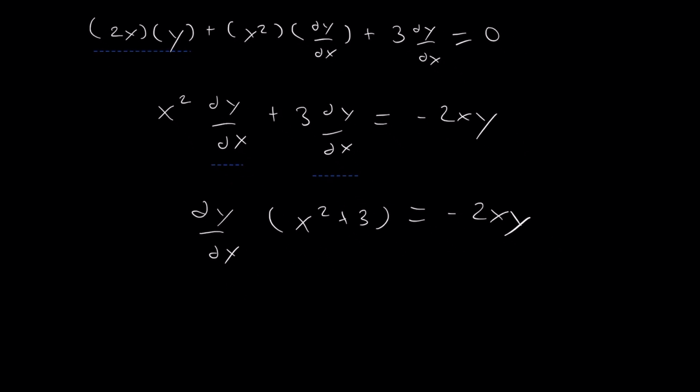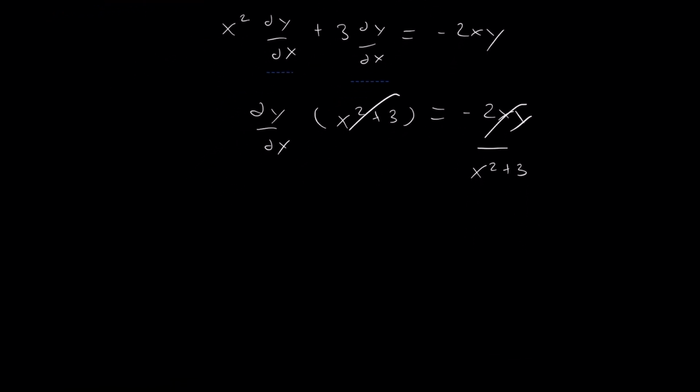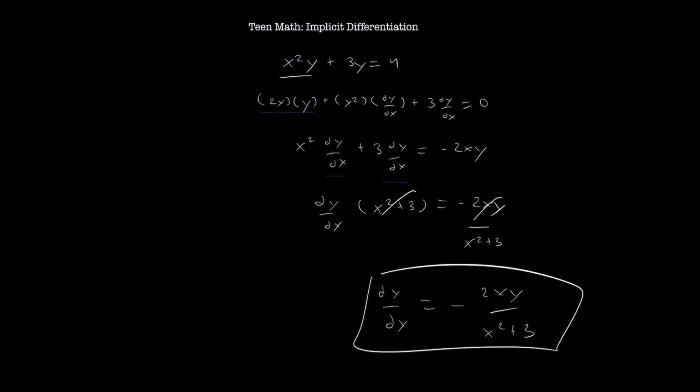The next step is pretty self-explanatory. We just divide both sides by x squared plus 3, and then we'd wind up with the derivative of the equation, dy over dx equals negative 2xy over x squared plus 3. And that's basically how you do implicit differentiation. Thank you.